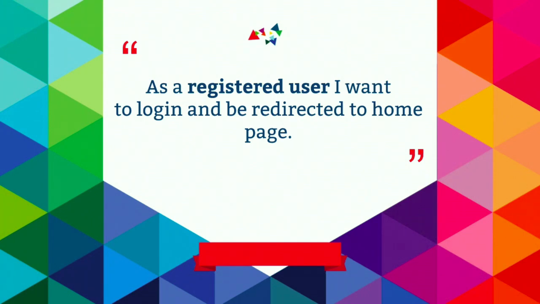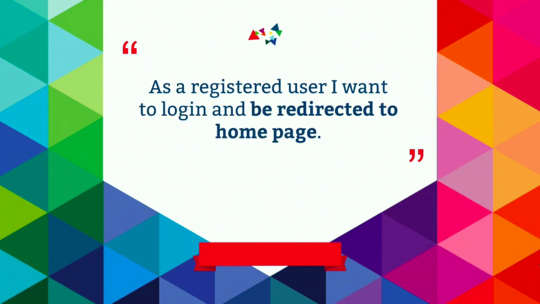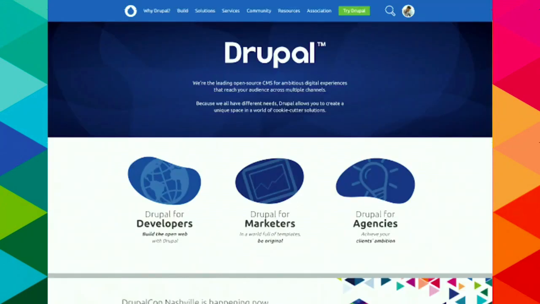Keeping in mind that we already tested that we actually can access the login form, so here it's perfectly fine to say I want to log in, right? Making sure that the login process is actually being tested, and our consequence, be redirected to the home page, which means here.